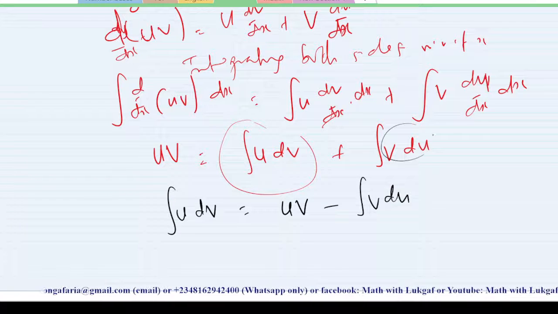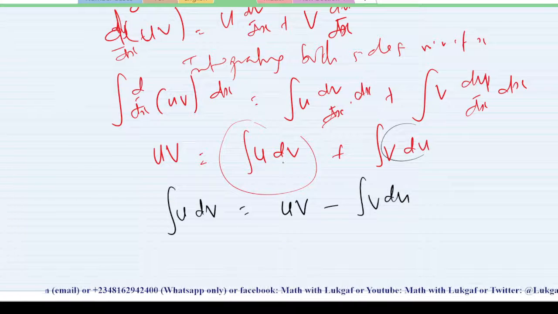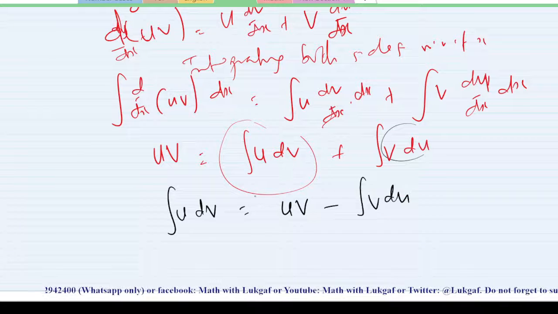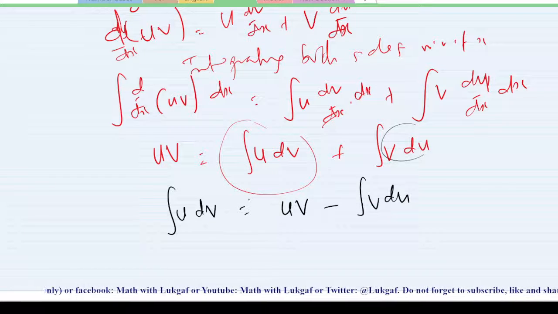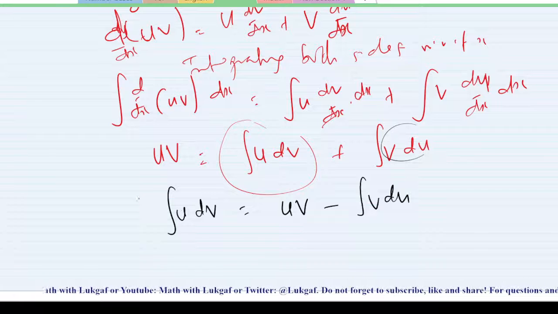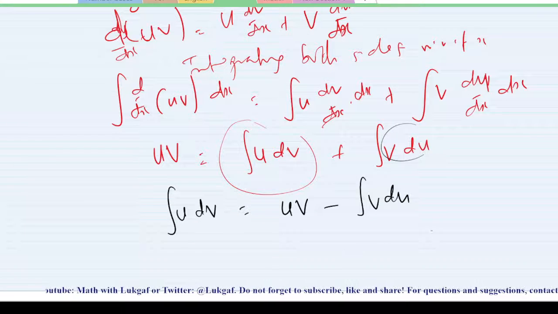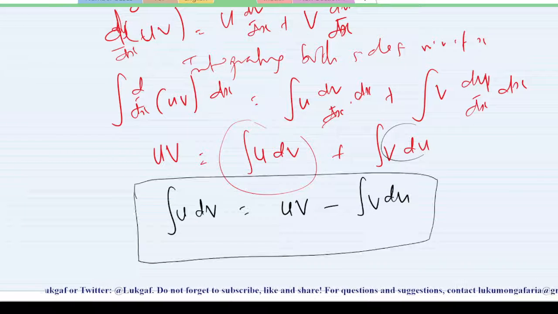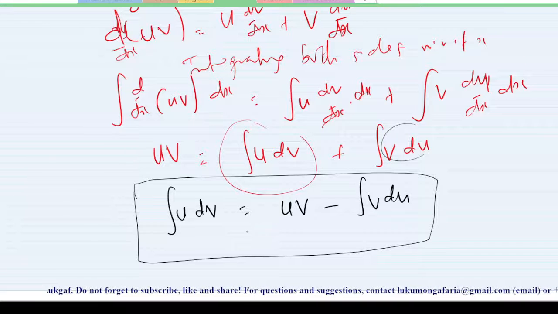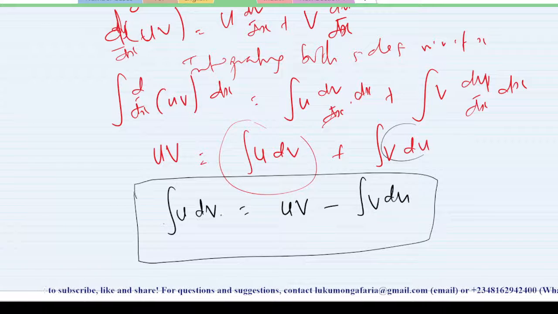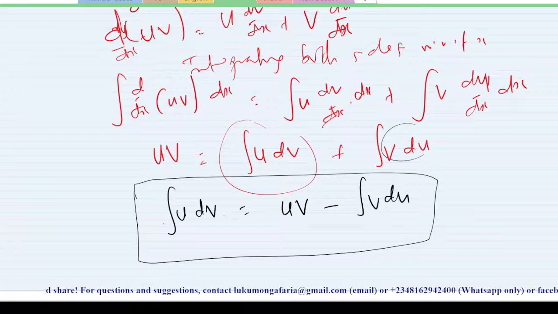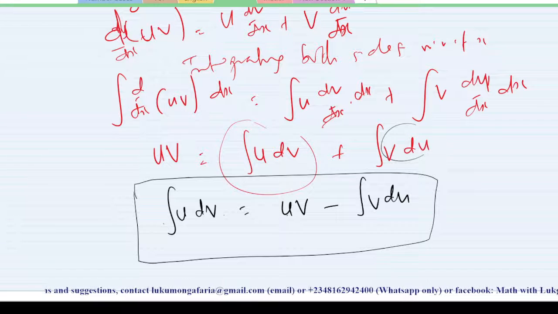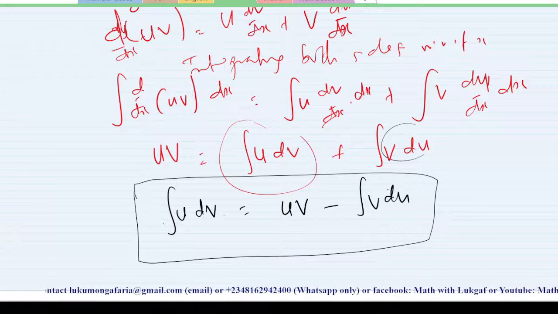That is, I bring this one here. So just make this the subject of the formula. And this has arrived at what we know as integration by parts. So when you have this type of integral, u dv, it gives rise to uv minus the integral of v du.